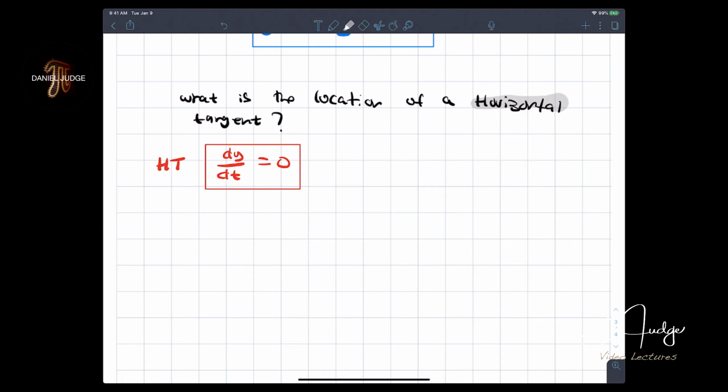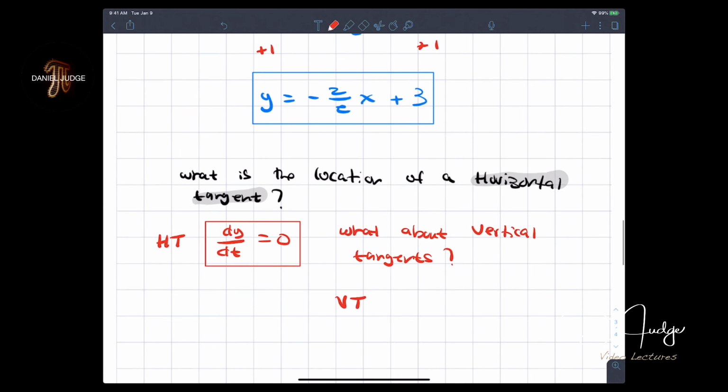All right, this is what they asked us. What about vertical tangents? Vertical tangents happen when the opposite is going on.